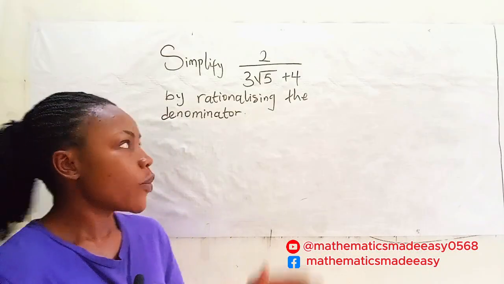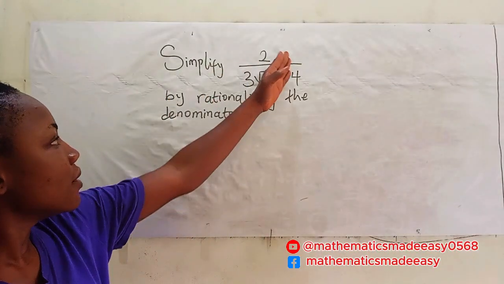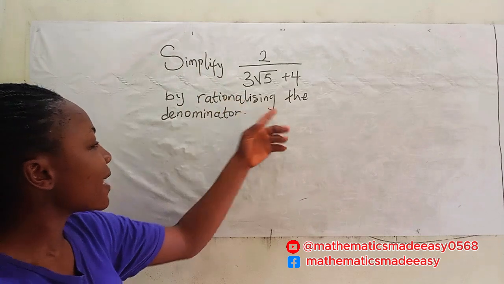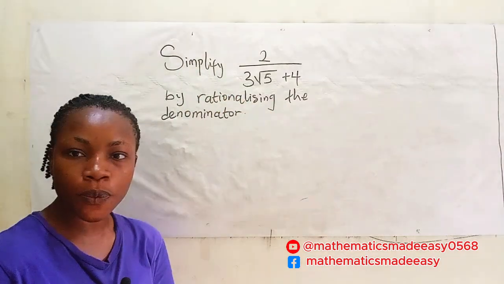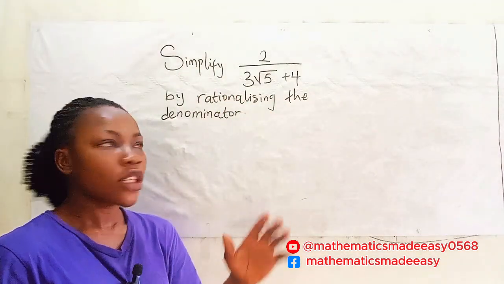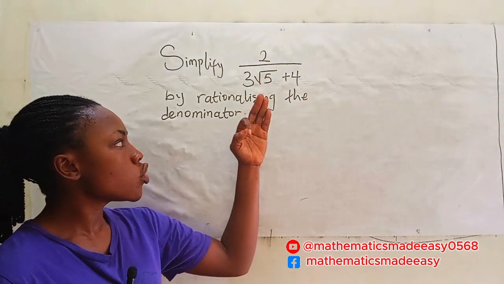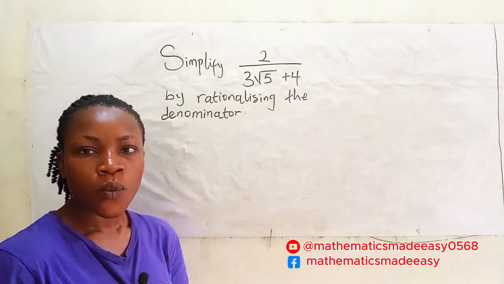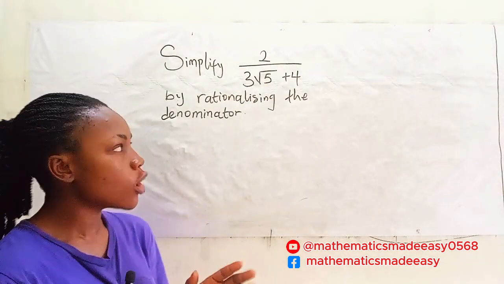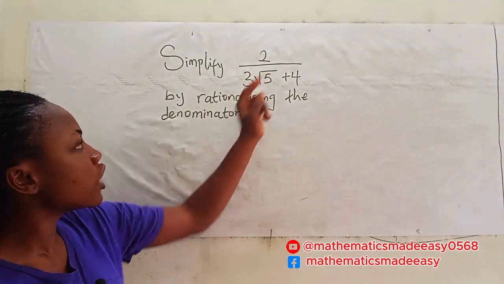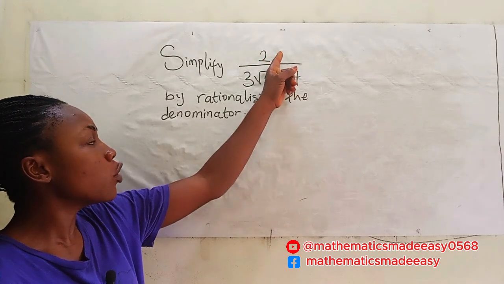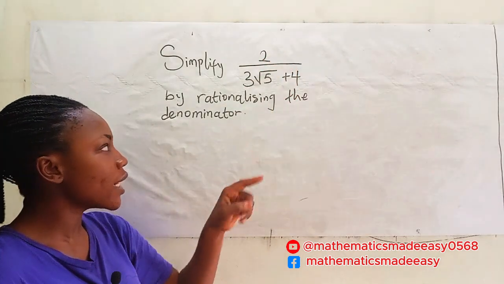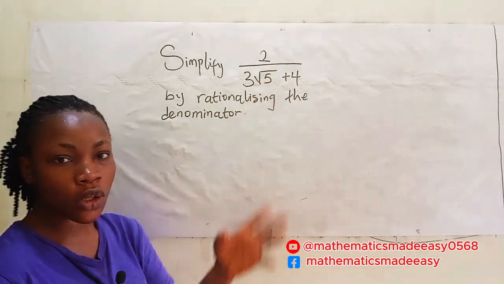All right, here we are asked to simplify this by rationalizing the denominator. In order for us to be able to solve this, we are simply multiplying both the denominator and the numerator by the conjugate of the denominator.